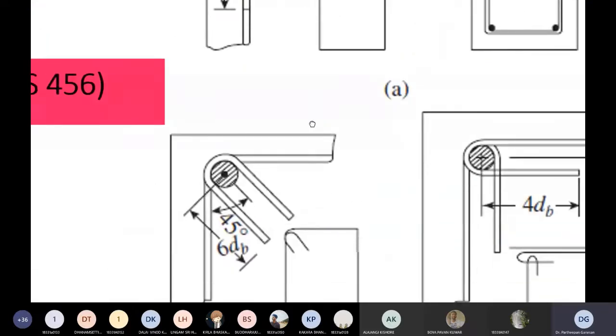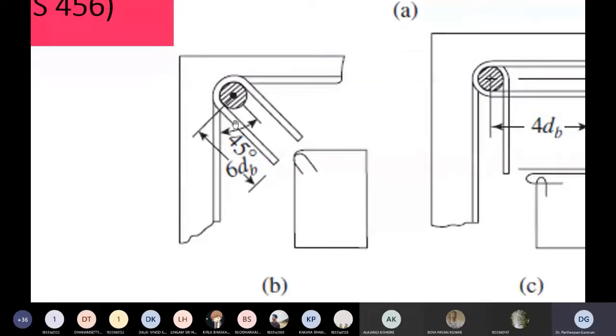Okay. Now suppose you are bending at 45 degrees, for example, you are taking the stirrup like this and bending it to 45 degrees. This is a 45 degree bend, or this is also a 45 degree bend. For this one, it should be 6 times the diameter of the bar.